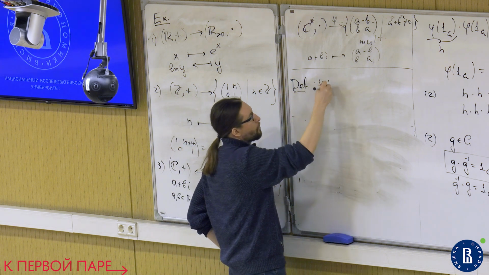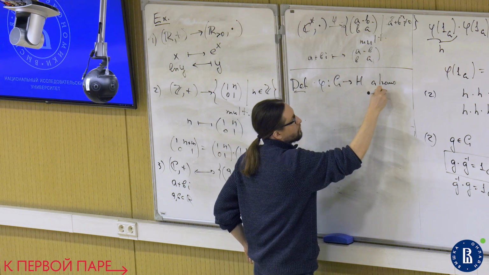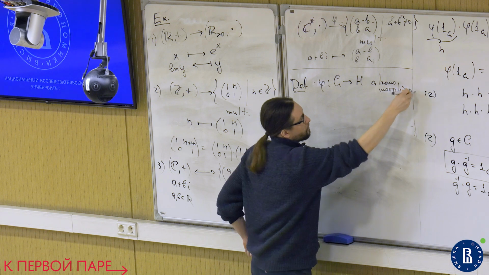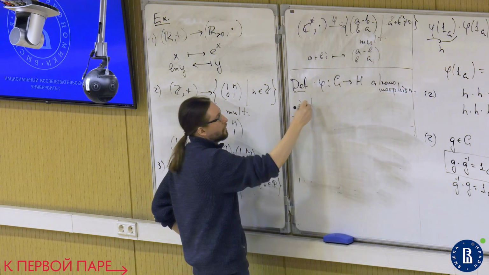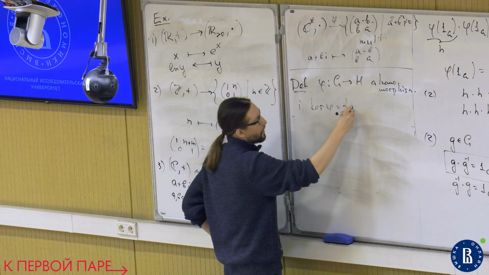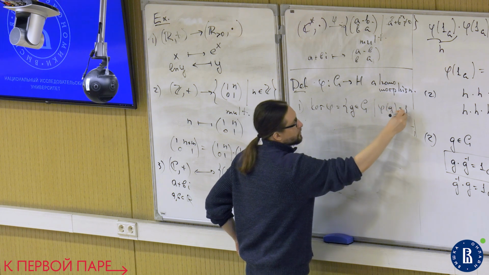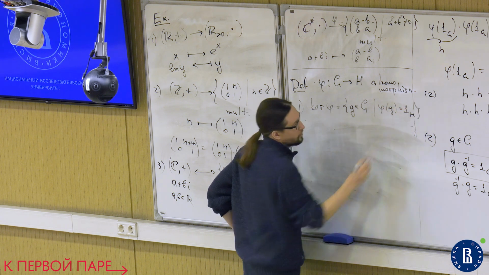So if we have a homomorphism between 2 groups, then the kernel of the homomorphism is the set of all elements g from G such that phi of g is equal to 1_H.